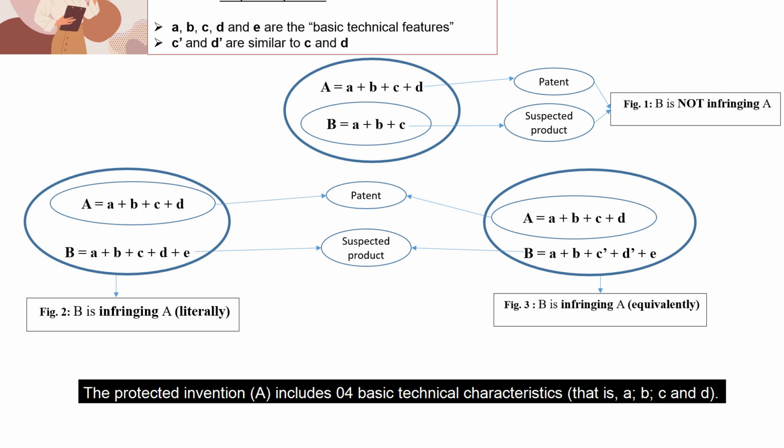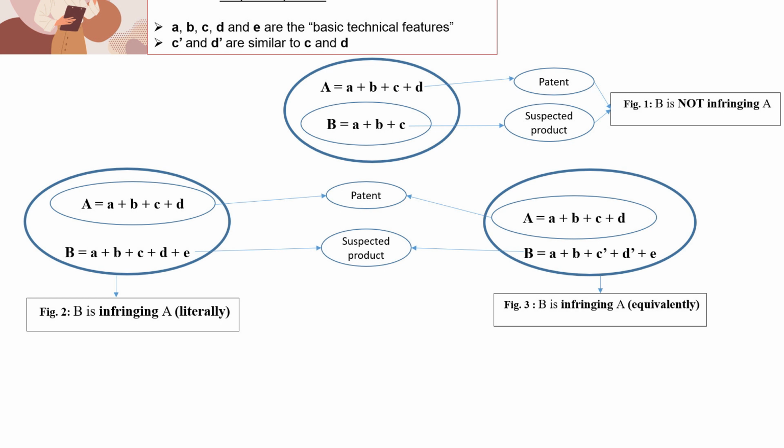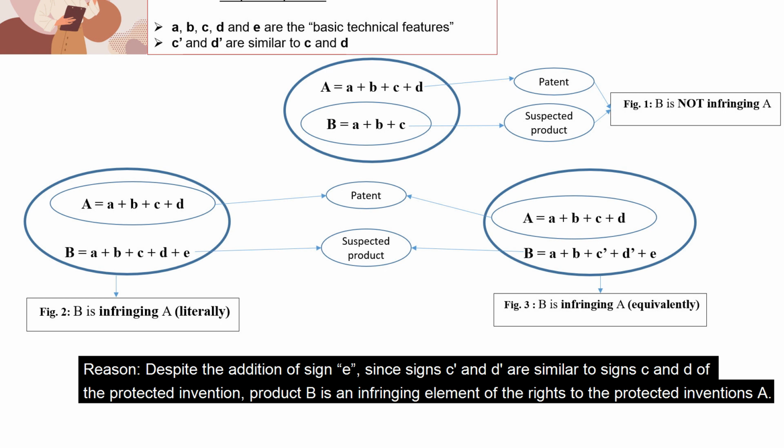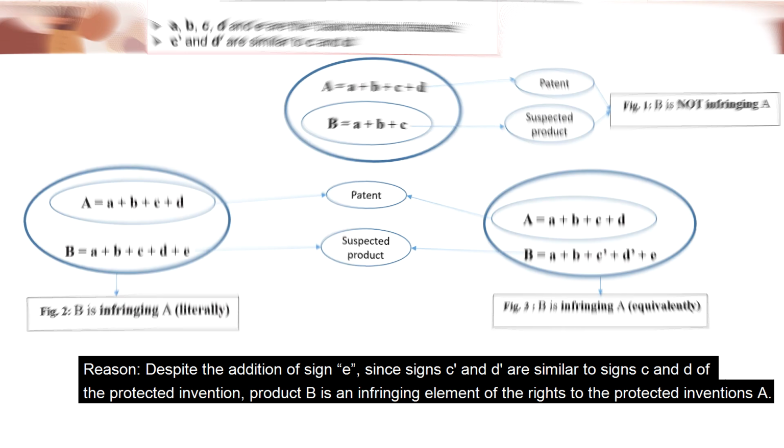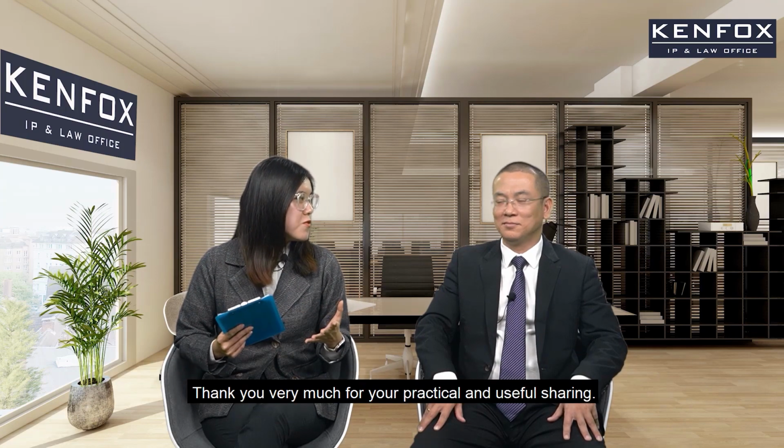The protected invention A includes 4 basic technical features, that is A, B, C, and D. And the suspected infringing product B consists of 5 features: A, B, C', D', and E. In this case, product B is an infringing element of the rights to the protected invention A. Reason: despite the addition of feature E, since features C' and D' are similar to features C and D of the protected invention, product B is an infringing element of the rights to the protected invention A. Thank you very much for the practical and useful sharing.